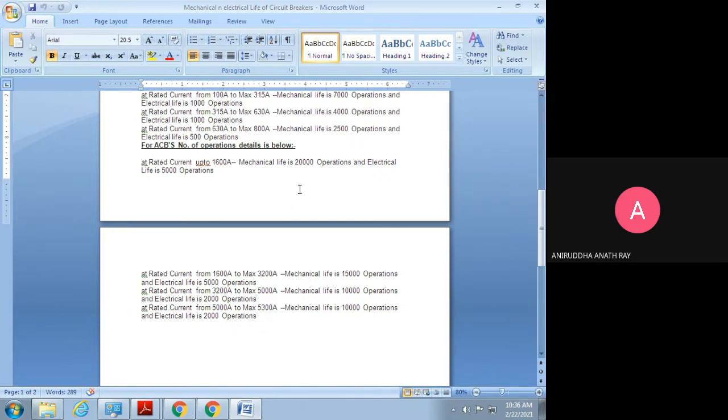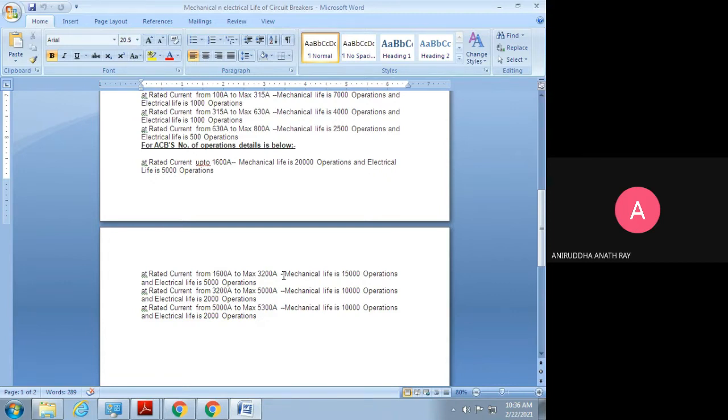Rated current from 1600 ampere to maximum 3,200 ampere: the mechanical life is 15,000 operations and the electrical life is 5,000 operations. Rated current from 3,200 ampere to maximum 5,000 ampere: the mechanical life is 10,000 operations and the electrical life is 2,000 operations.